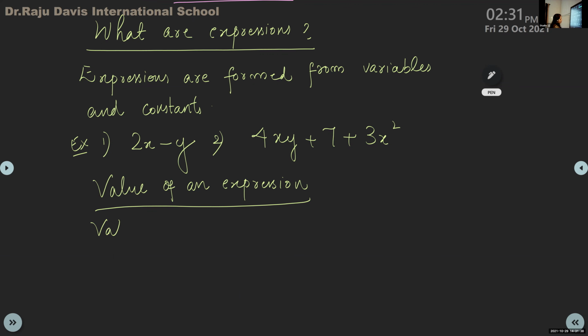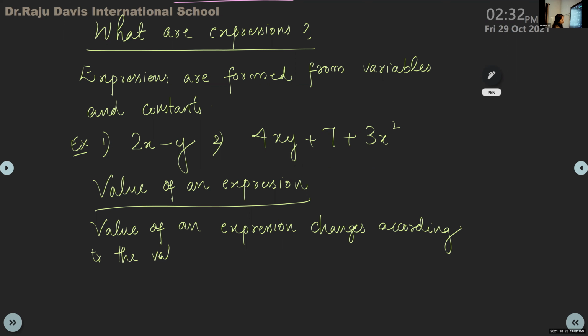Value of an expression changes according to the values we give.